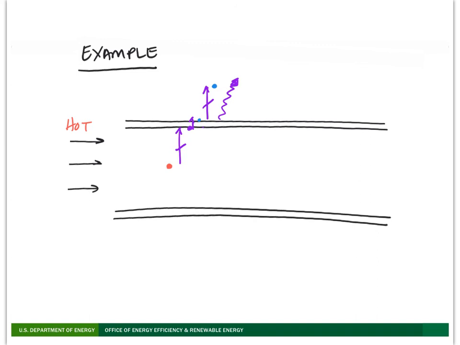Now, if we wanted to characterize and calculate some of the different modes of heat transfer, we now have the tools we need to do that for convection. So if we want to do a calculation for this arrow right here, we now have a sense of the steps that we need to go through to find out exactly how much heat transfer is happening due to convection.